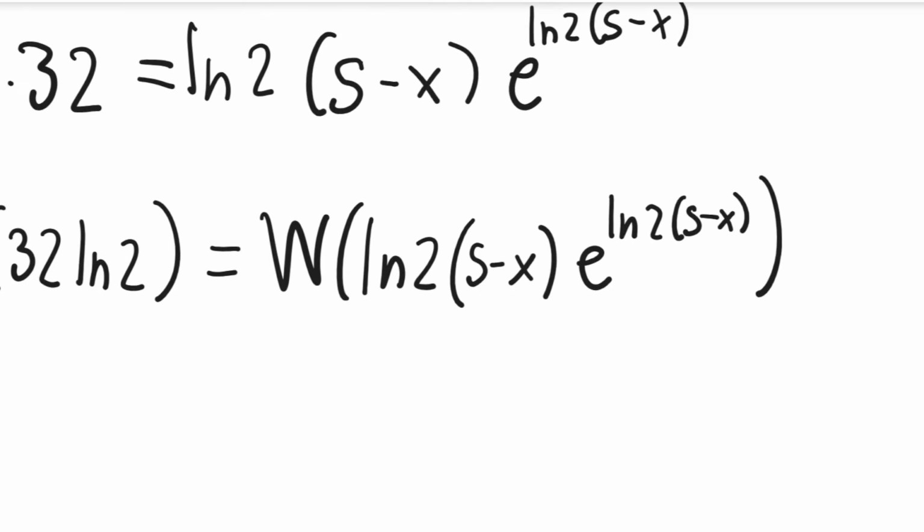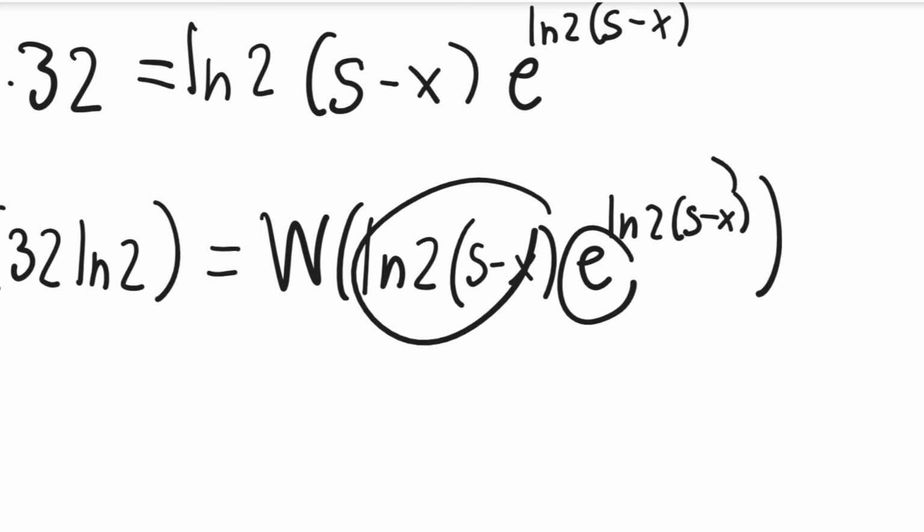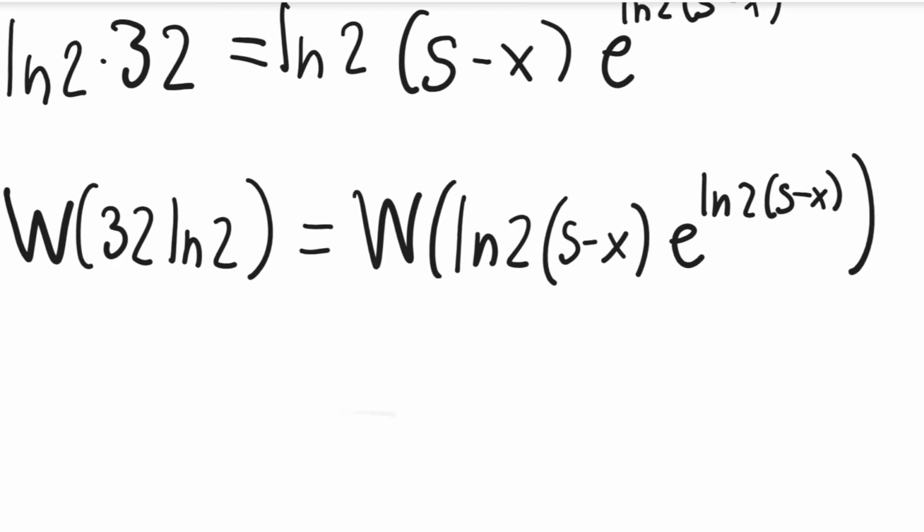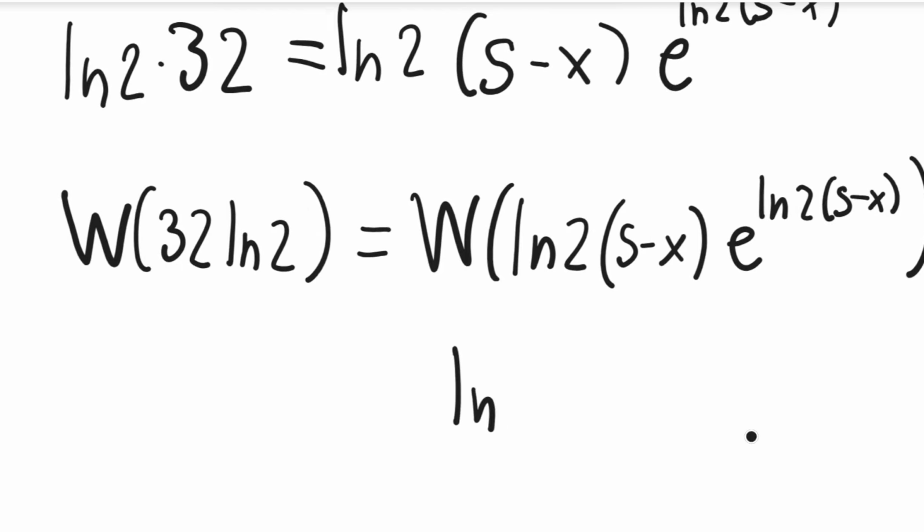But here we have something times e to that something. So this is nothing but that something. So this is natural logarithm of 2 times 5 minus x.